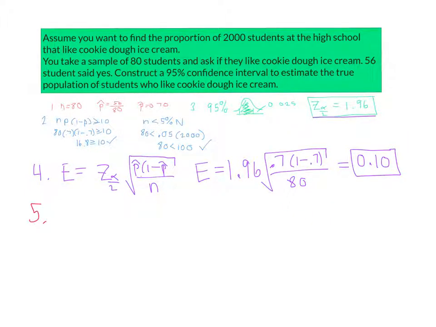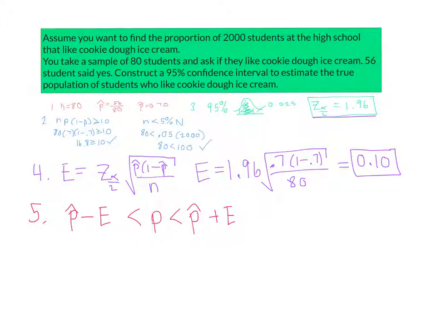So step 5 will be to construct our confidence interval. So remember, our confidence interval is p hat minus our margin of error and p hat plus our margin of error.